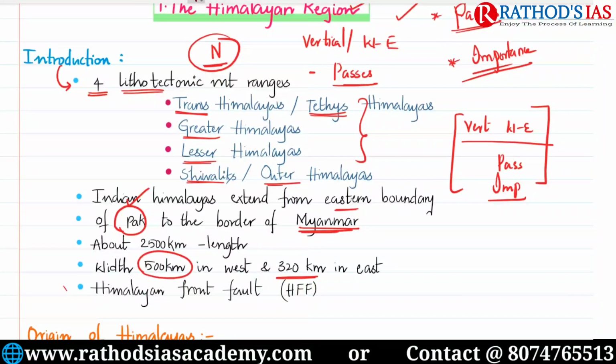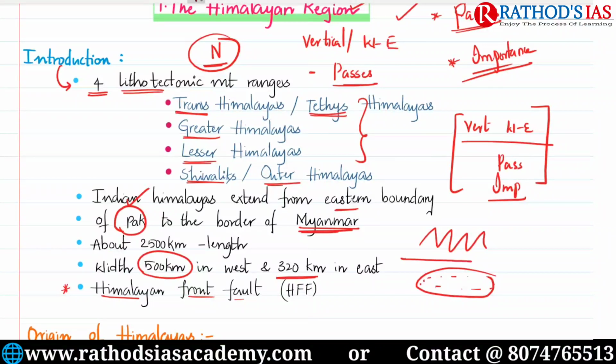And I want to share one important fact here, the Himalayan Front Fault. If you are reading 11th class NCERT, you will not come across this word. So what is this Himalayan Front Fault? Here we have the Himalayas, and below this we have the Indo-Gangetic plains.